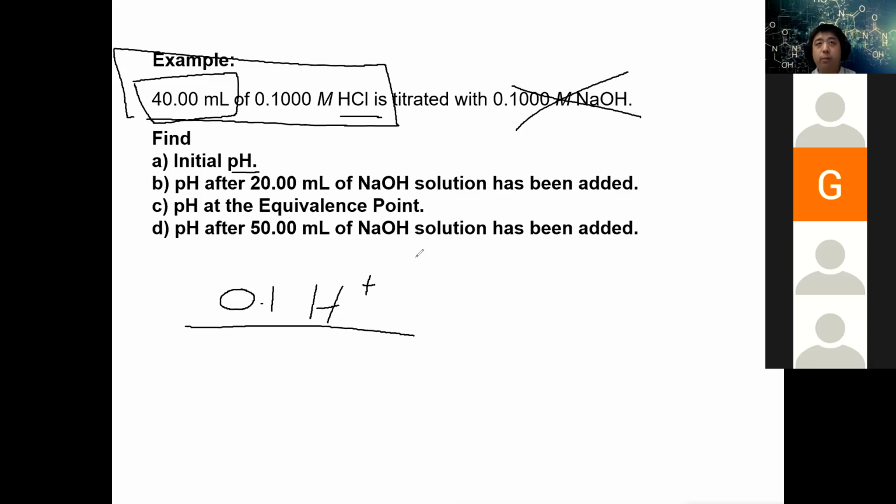Okay, so this is how much H+ I have. Tell me what pH that is. Remember, pH is negative log, okay? So you should get a pH of 1. Any questions about that? Okay, now we'll put that to the side.